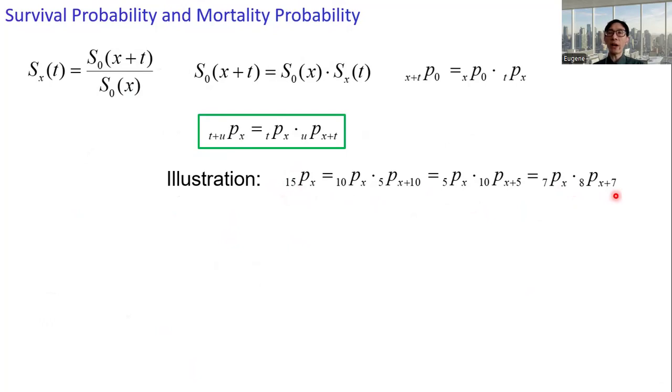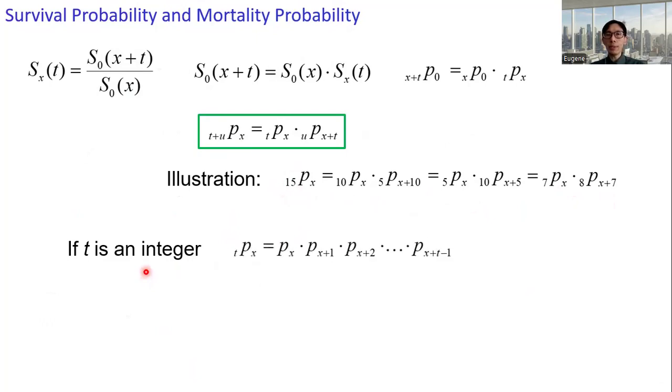This is for survival probability. If t is an integer, t p x equals a product of survival probabilities for 1 year periods. So t p x equals p x, a person age x surviving 1 year, reaching age x plus 1, and then surviving another year.